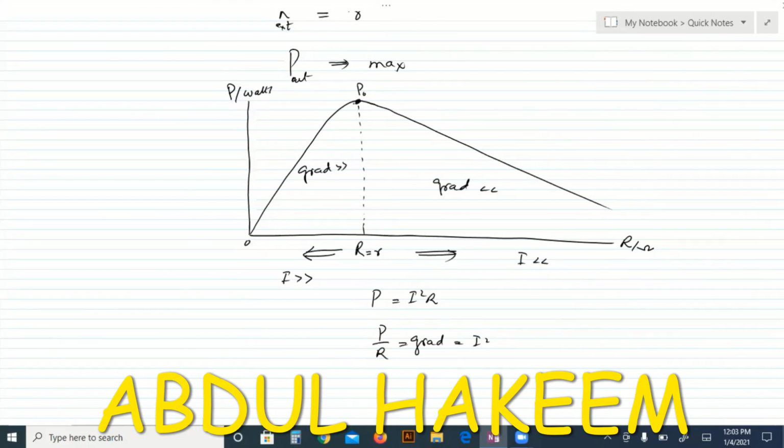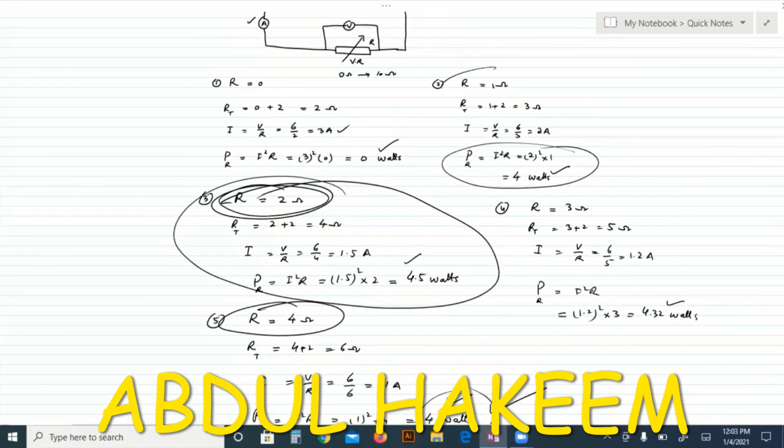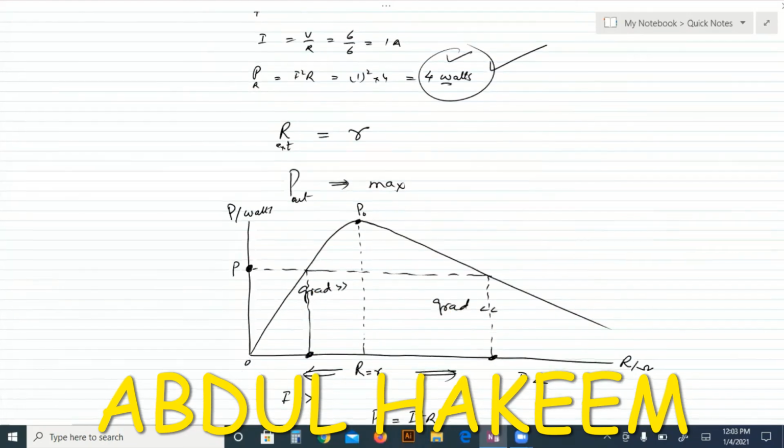And any value of the power lower than the maximum, for example this one, which is smaller than the maximum, can be achieved twice. First at low external resistance and then at high external resistance, like 4 watts at 2 resistors, 4 ohm and 1 ohm. Reason?